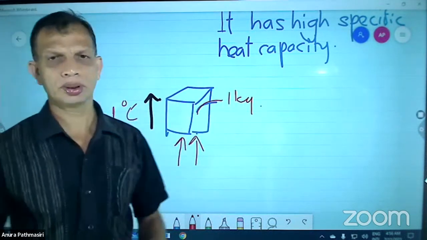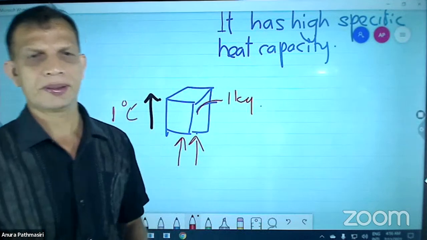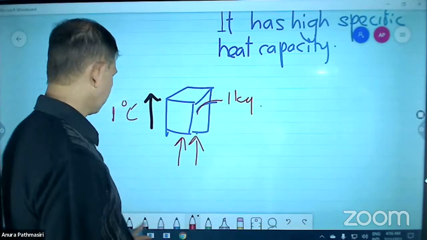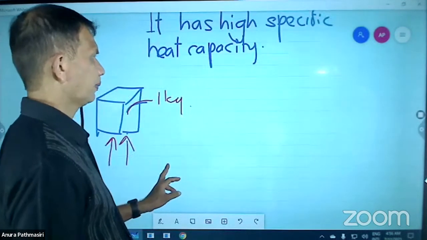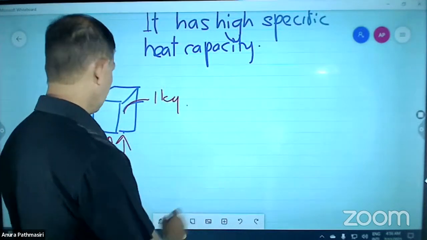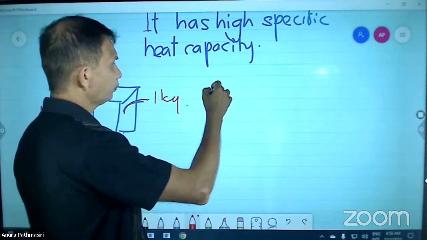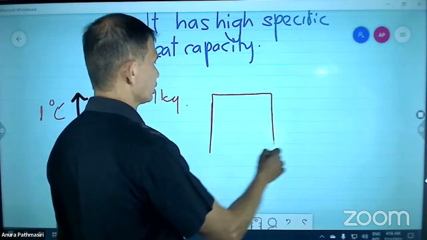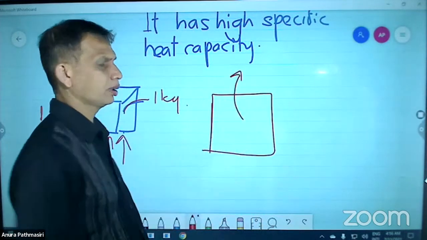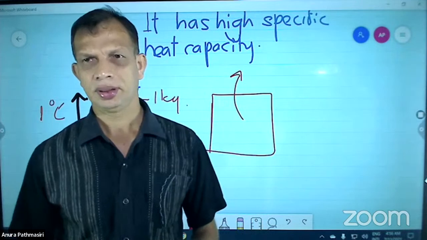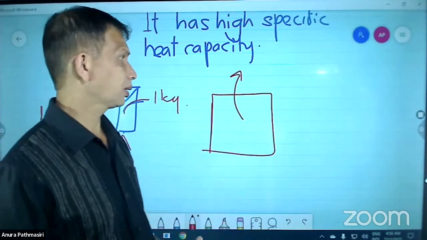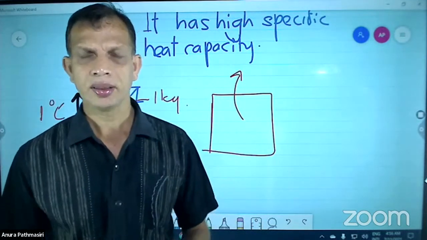If you have water, the amount of heat energy to increase the temperature by 1 degree Celsius is very high. The specific heat capacity is very high.